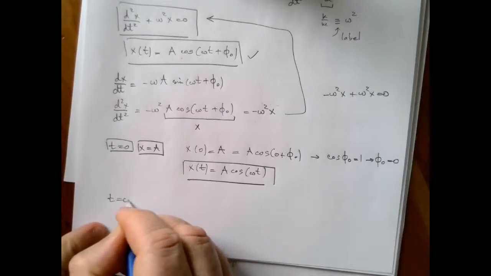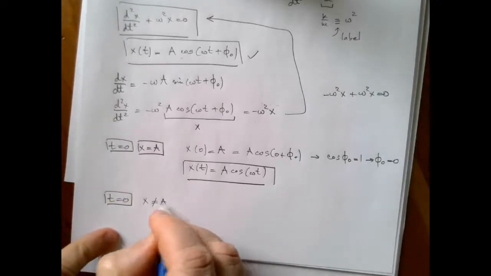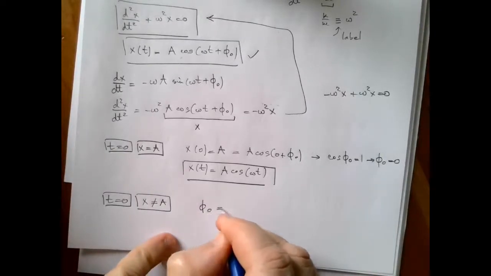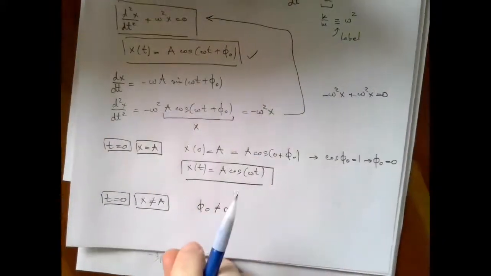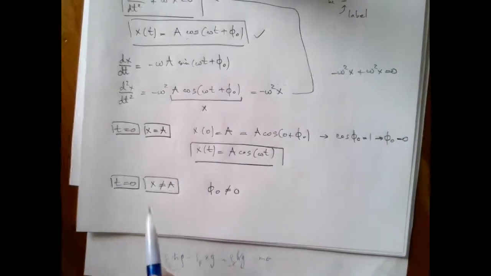If at time equal to 0 the object is anywhere else, then phi 0 will not be equal to 0, and we'll have to calculate phi 0 based on the position of x at time equal to 0.